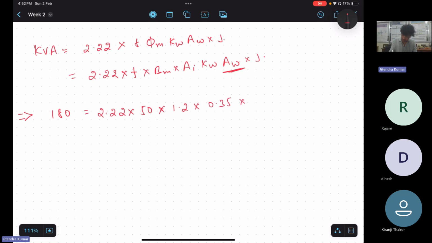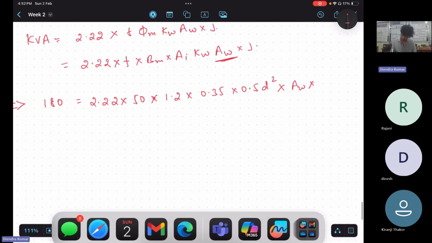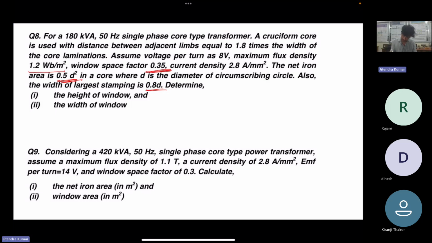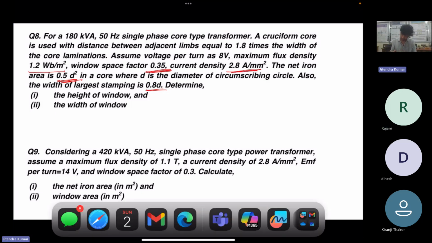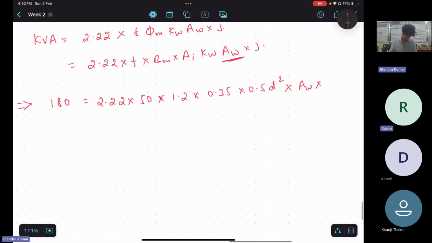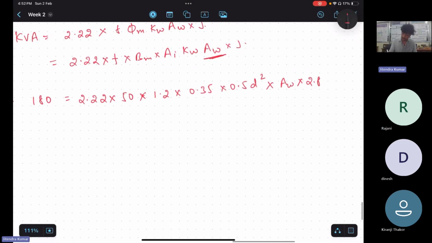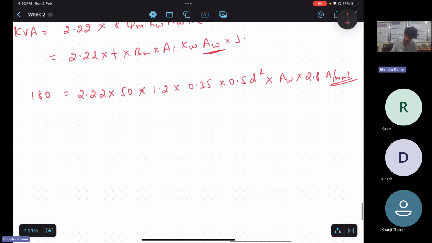Into area of window, into current density, which is also given, 2.8. It is nothing but ampere per mm square, so we have to take care of the units while calculating.